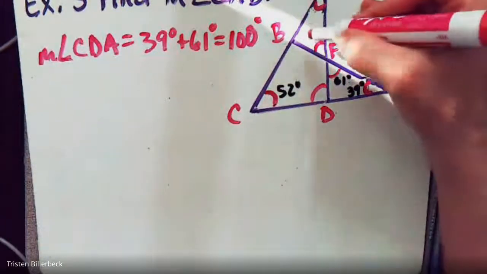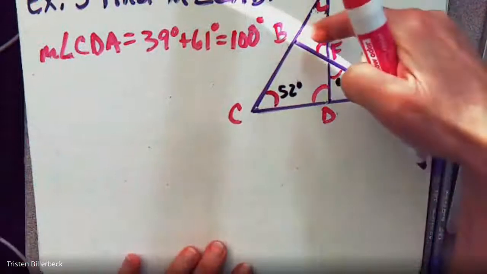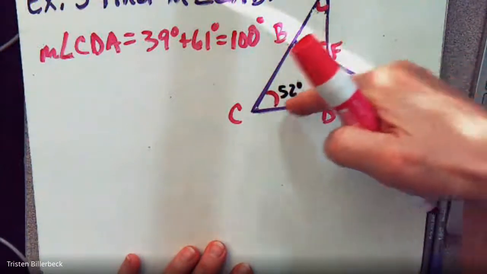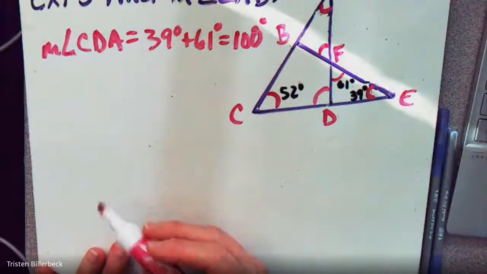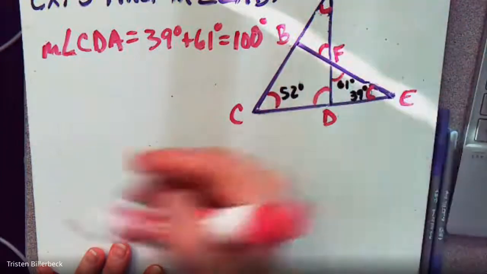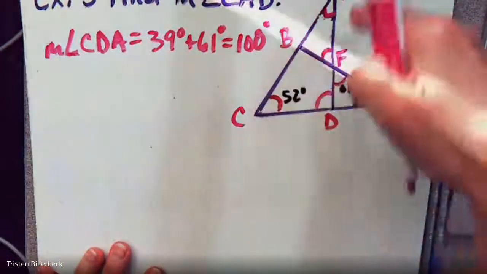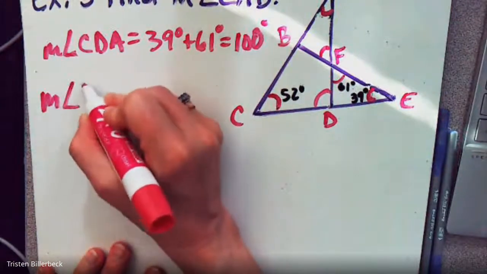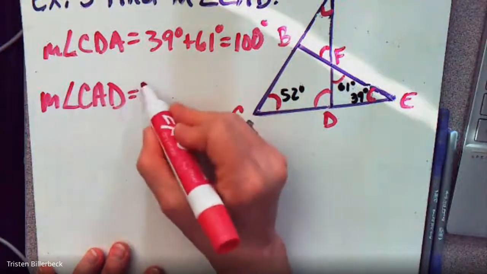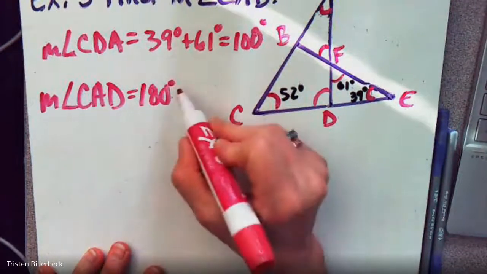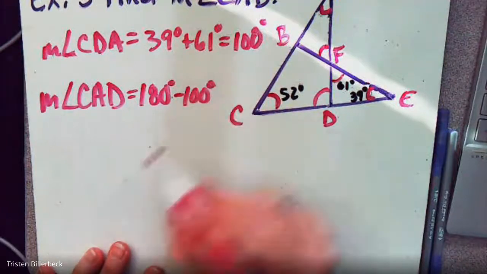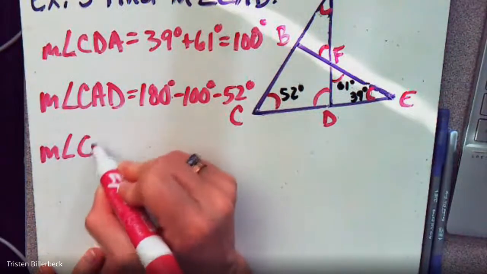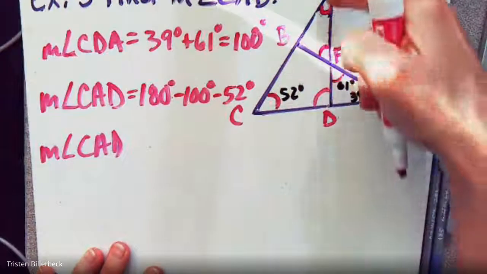So I've got 100 degrees here, 52 here. I know these angles add up to 180 degrees, and I'm trying to find CAD. The measure of angle CAD equals 180 degrees minus 100 degrees minus 52 degrees, since it's part of a very big triangle.